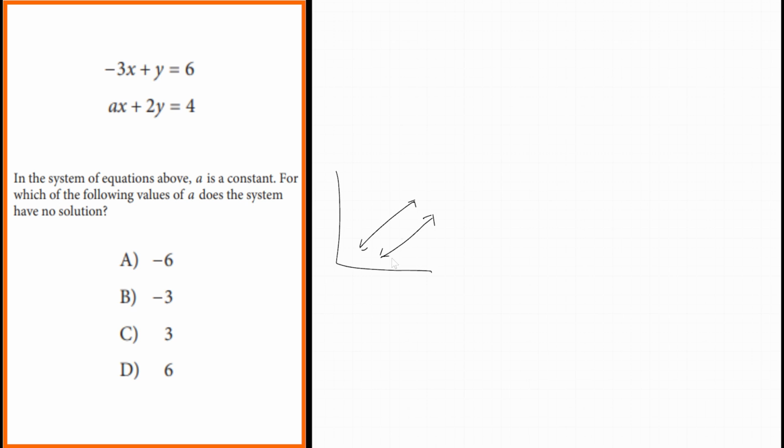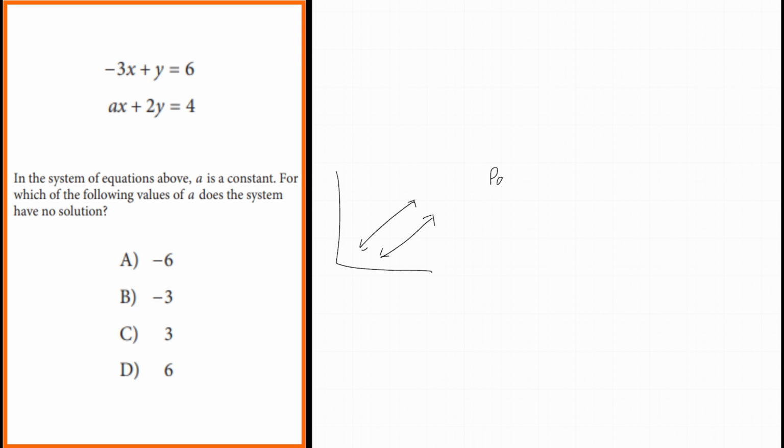So in this problem, when it asks for what value of a the system has no solution, that's another way of saying for what value of a are these two lines parallel to each other. Parallel meaning they have the same slope but different y-intercepts. So I'll write that again.